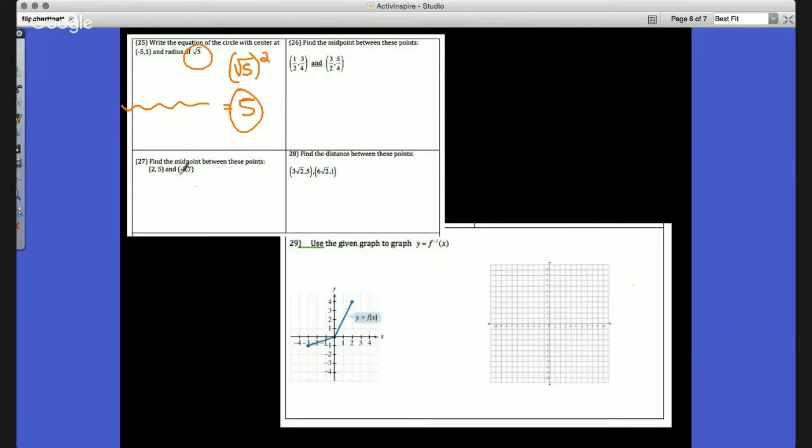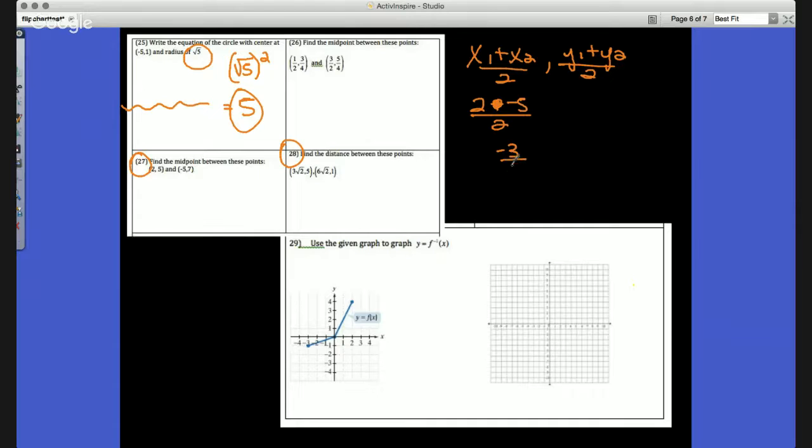All right, last but not least, let's look at number 27 and 28. Midpoint formula: x1 plus x2 divided by 2, and y1 plus y2 divided by 2. x1 being 2, x2 being -5, so 2 plus -5, all over 2. 2 plus -5 is the same as 2 minus 5, which is -3.